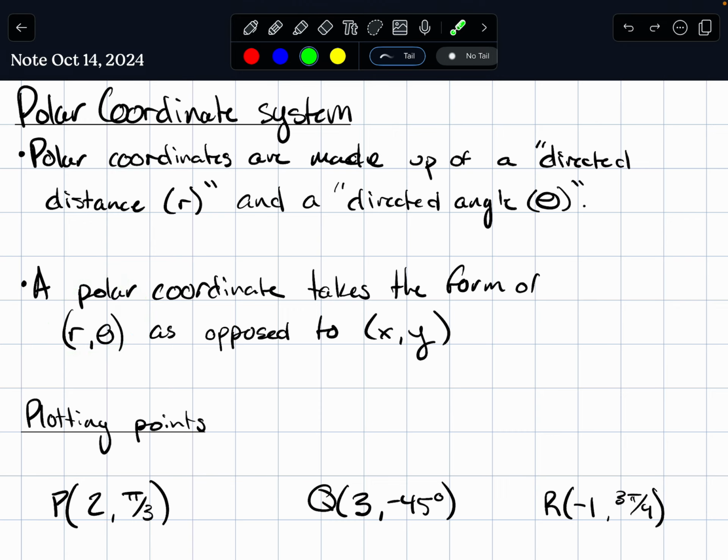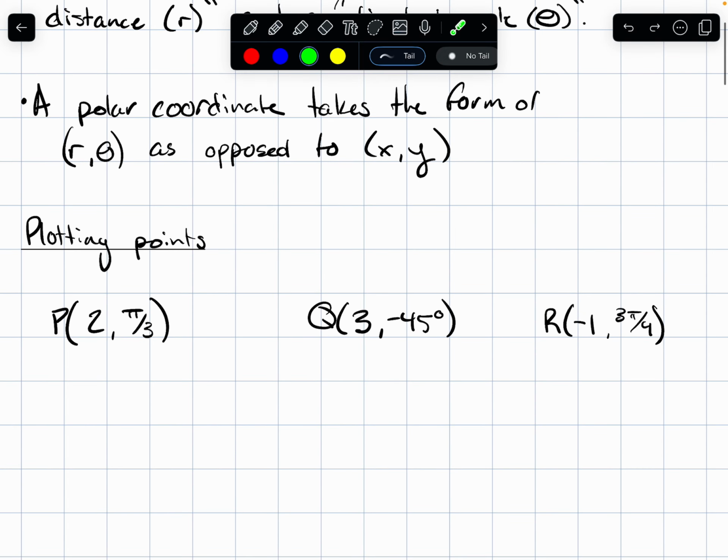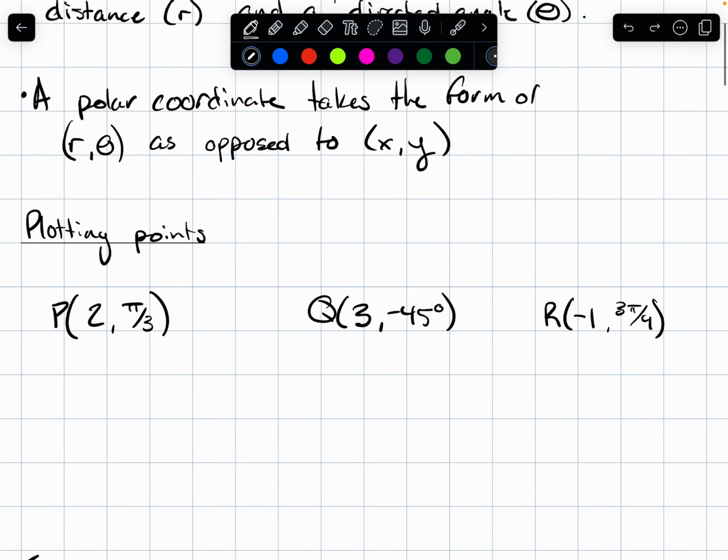Now the first step to being able to use these coordinates is to plot them. All polar coordinates are made up of a distance and an angle. Here's the way I like to do it. We know that in standard form, we have this axis going out to the right, and our angles are measured up or down from this axis.